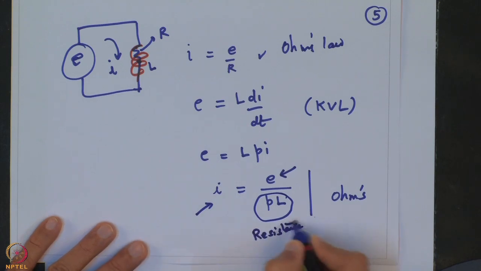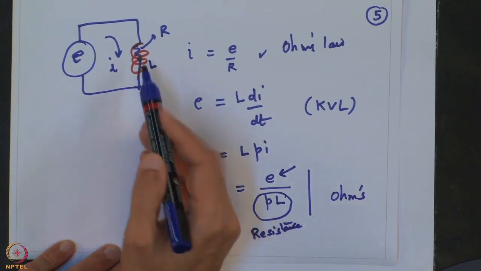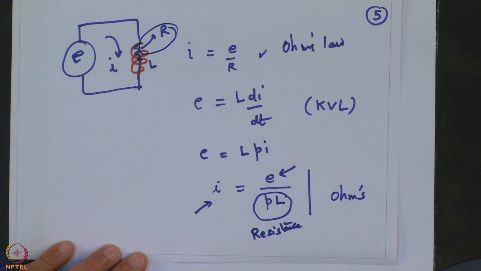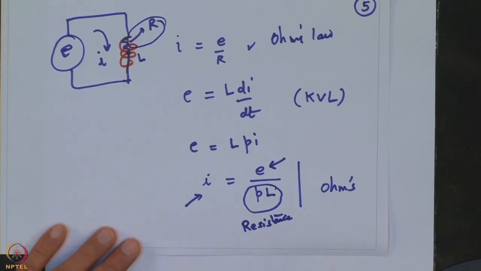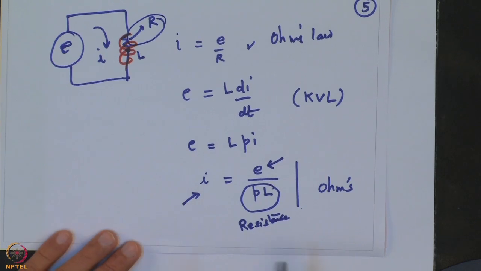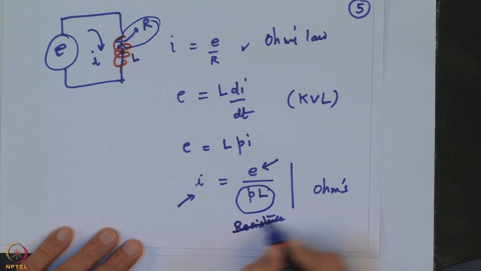But we know that this resistance is not having the same nature as the resistance R that we have employed before. This is a very different type of resistance, and we will see the details probably later, but it is usual to call this one not resistance but impedance.